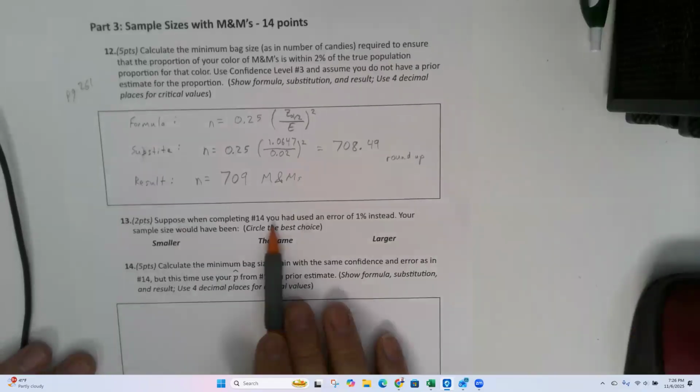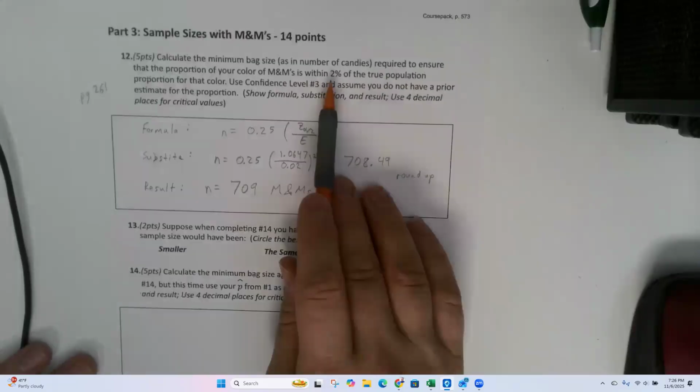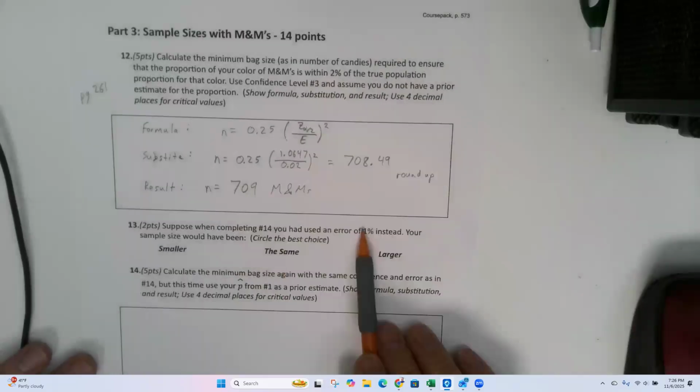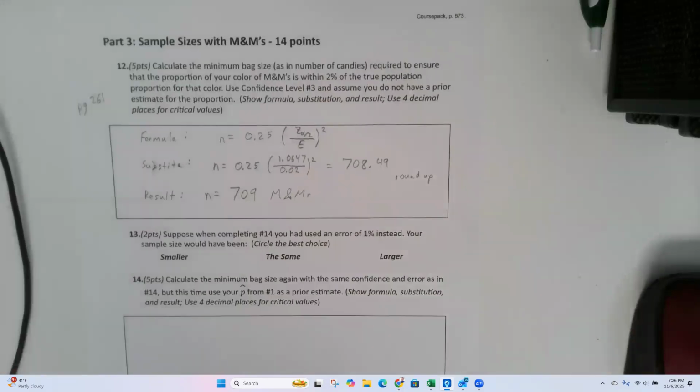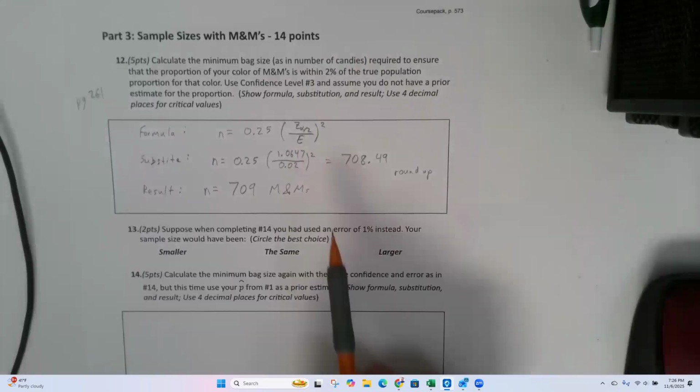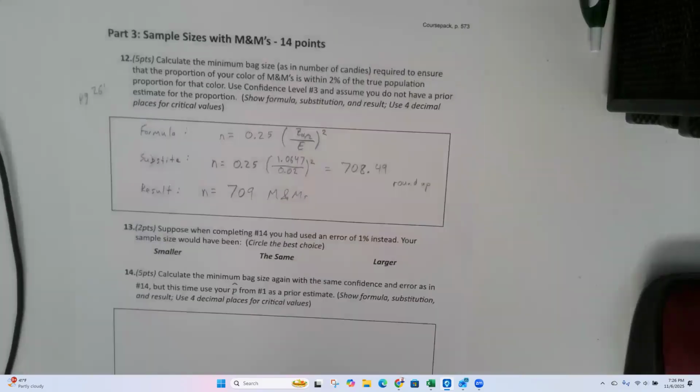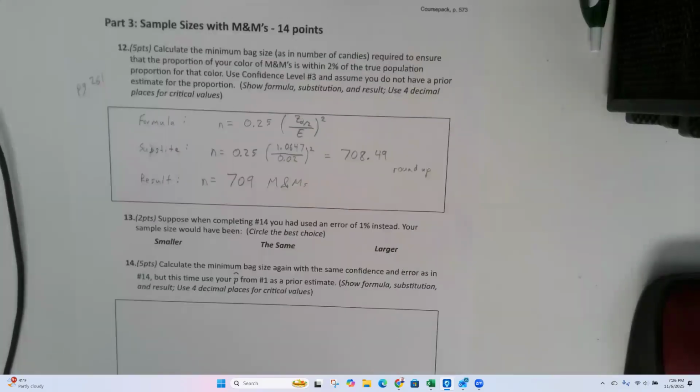Suppose when completing number 14, instead of using a 2% error, I'd used a 1% error. Would my sample size need to have been larger or smaller? So I said that with a 2% error, I needed to be somewhere between 14 and 18%. A 1% margin of error means, well, the true value is 16, I need to be somewhere between 15 and 17.